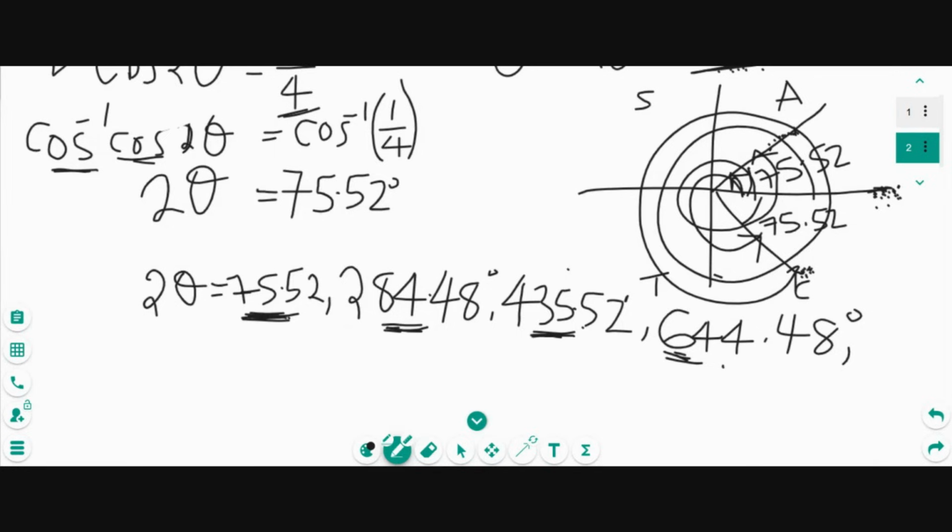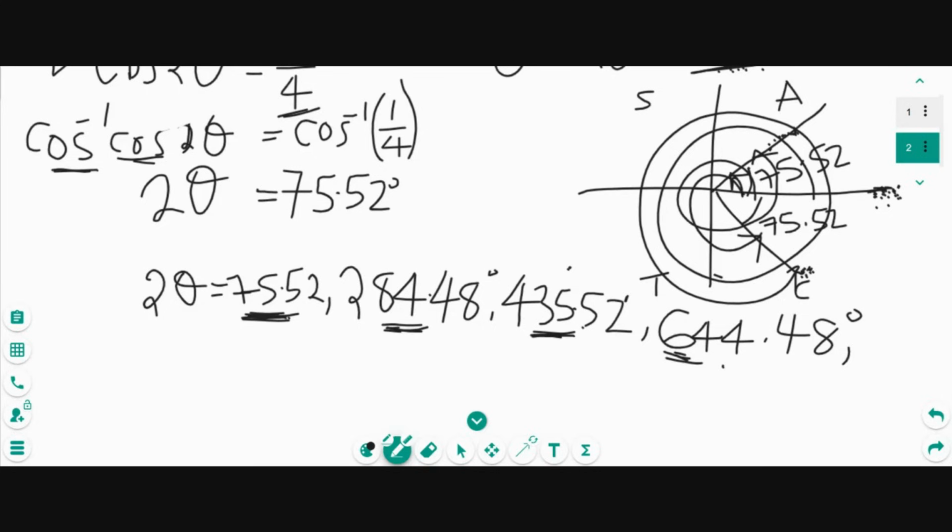I try to add 360, but when you add 360 on 435.52, you get 795.52, which is beyond the range. So we just stop there. My values of 2 theta, these are the only values which fit in the range.